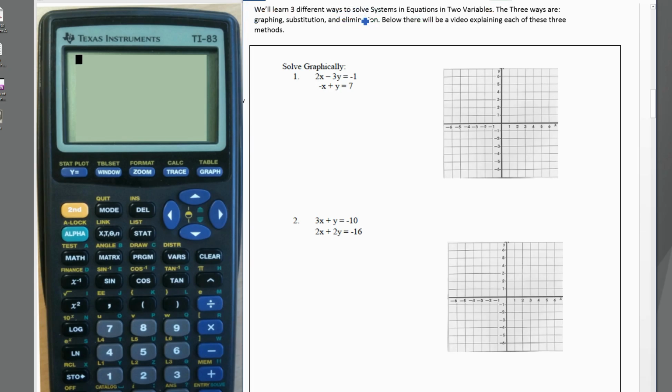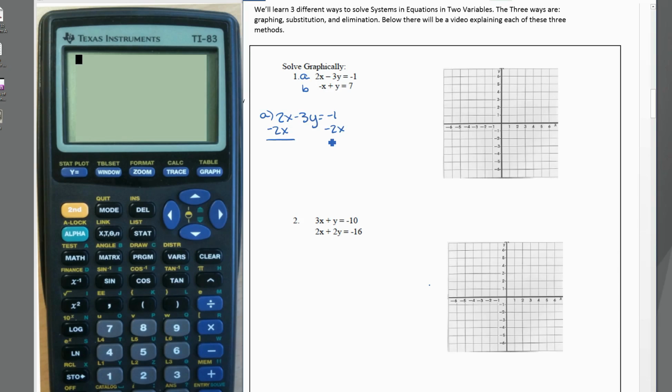Okay, so the first thing we need to do in number one here is, for each of the equations, solve for y. I'm going to call these equations A and B. For A, we have 2x minus 3y equals -1. To solve for y, the first thing I'm going to do is subtract 2x from both sides.